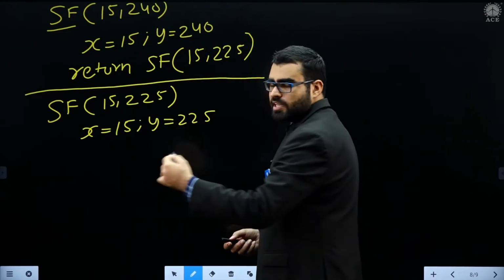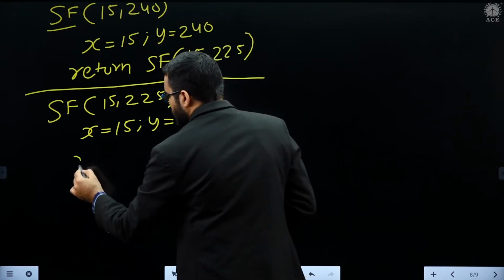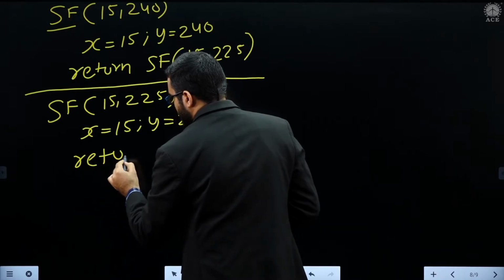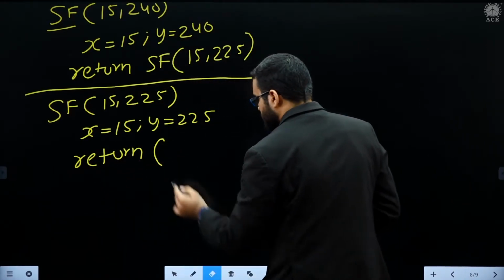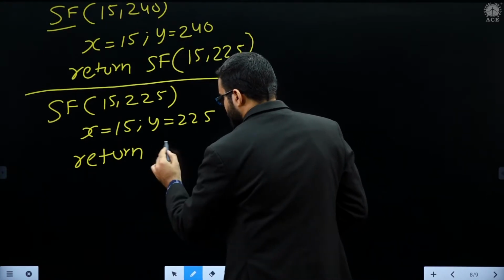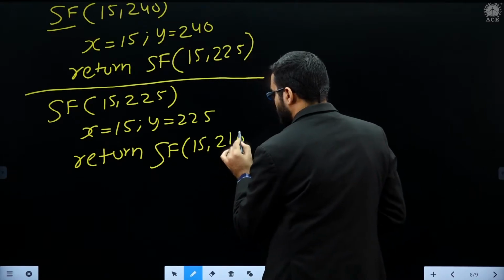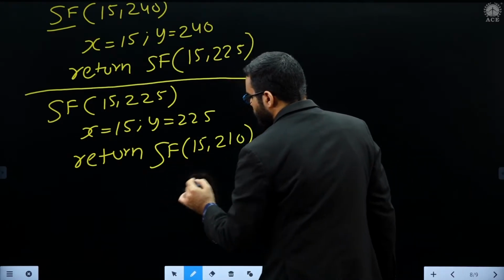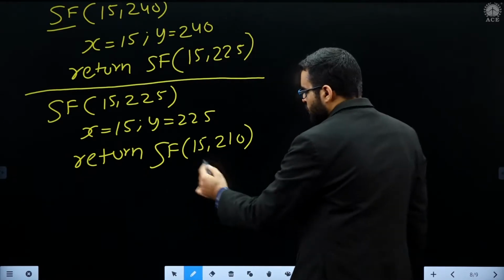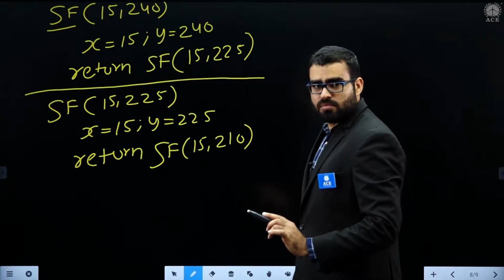Again y is greater than x, so this function will return SF of 15, 210. Like this we can go. Ultimately, remember that 15 divides 210.